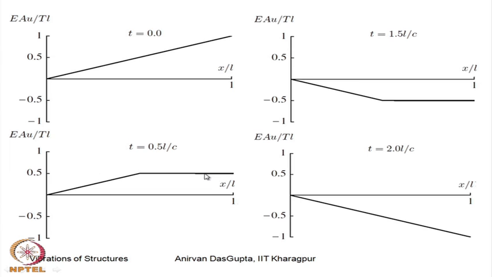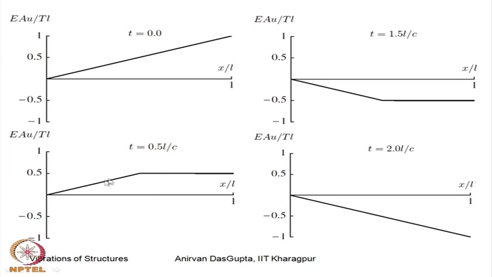This information has progressed in 0.5 L over C time to approximately half. So, half of the bar knows that this end has been released, this half still does not know. So, there is a propagation of information from the end which was released at time t equal to 0 into the bar.